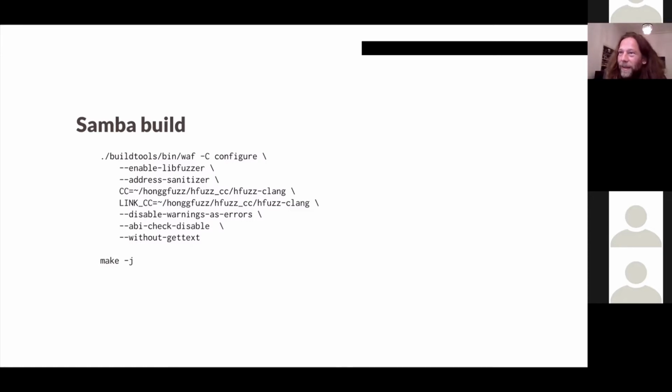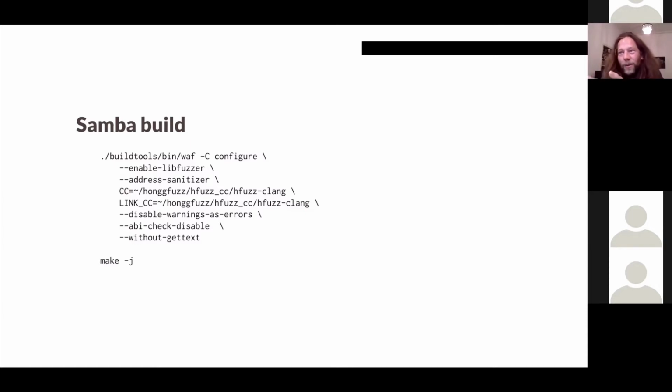And then you tell it to use the Hongfuzz Clang wrapper, which is like a compiler that I think basically just puts all the options on at once, which are using sanitizers and instrumenting the build as much as it can.